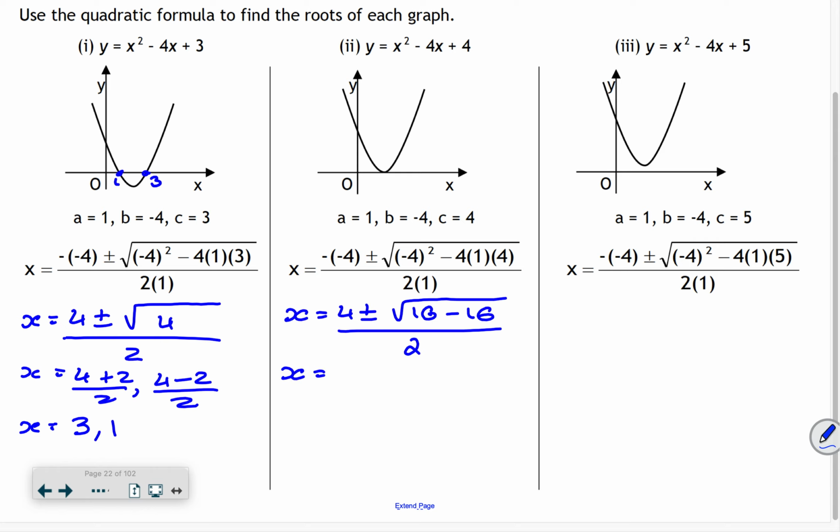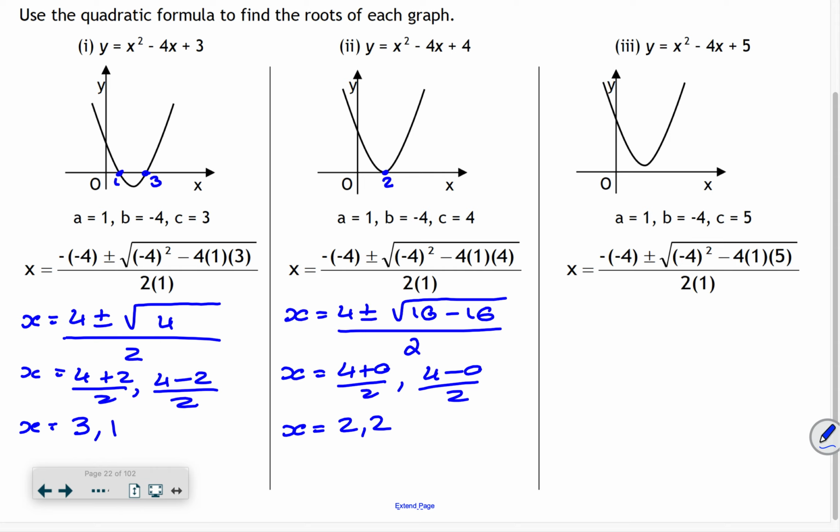So 16 take away 16 is 0. So it's going to be 4 plus 0 over 2, or 4 minus 0 over 2. So x is going to be 4 divided by 2, which is 2, and 4 divided by 2, which is 2 again. So here we have 1 point. It's just going to be 2.